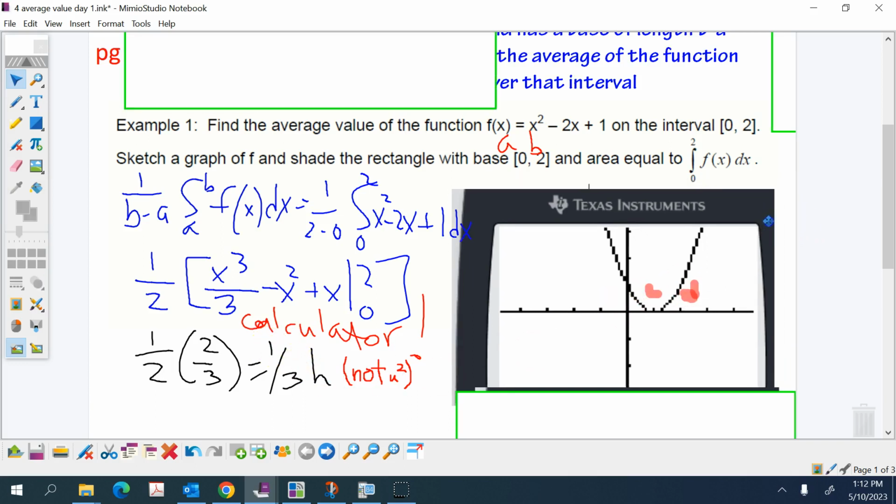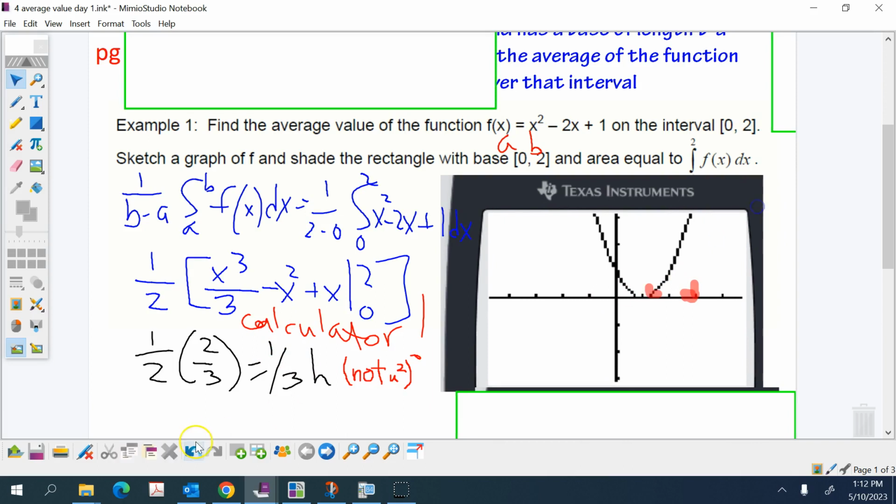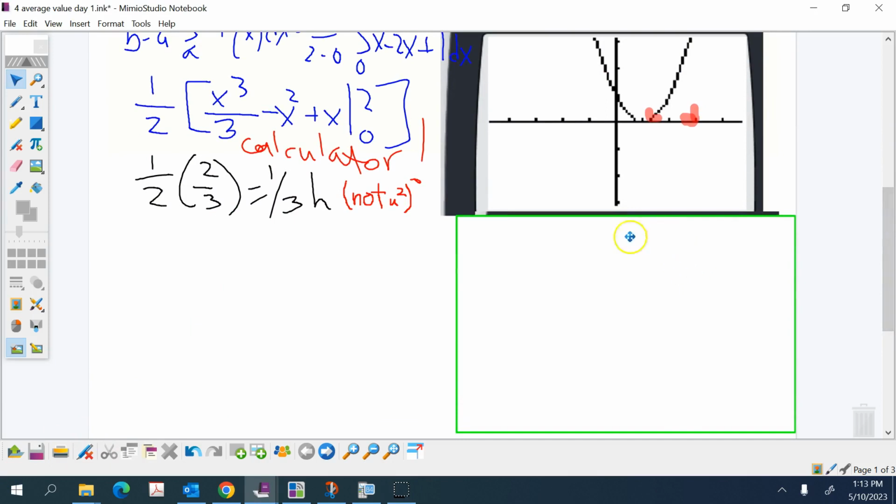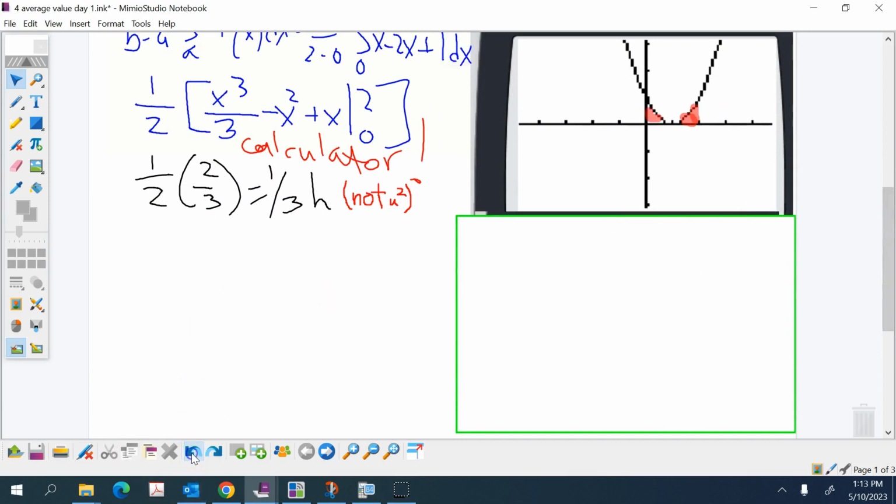Now somewhere over here, I have the picture of the rectangle, but I'm going to have to hit pause for a moment and see if I can find it. Okay, so this is what it looks like when that area settles down. Here's the picture.